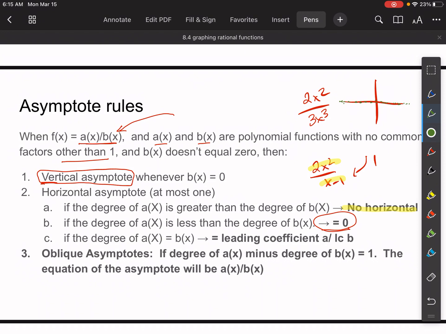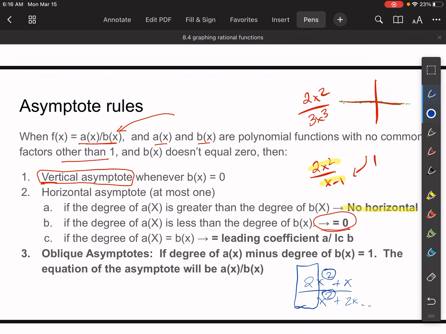Then for c, if the degree of a of x equals the degree of b of x, then the asymptote is the ratio of the leading coefficients. That means if I have something like 2x squared plus x plus whatever over x squared plus 2x plus whatever on the bottom, and the highest exponents are the same, then it's going to be the leading coefficients as a fraction.